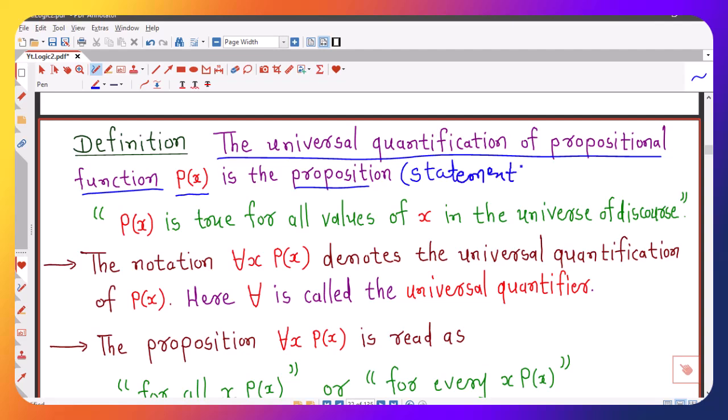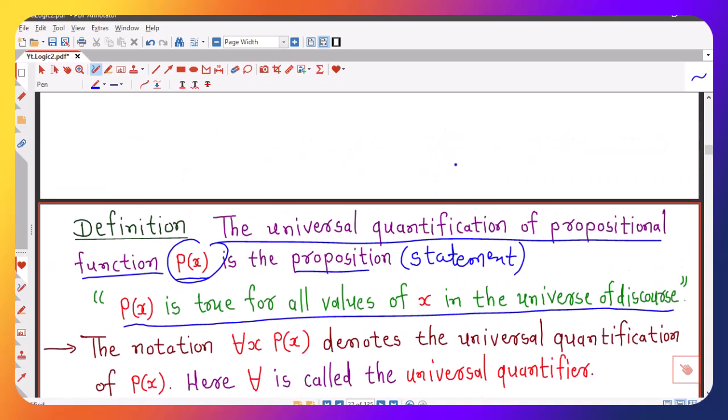We know that a proposition or statement is a declarative sentence that is either true or false. So the universal quantification of statement function P(x) is the statement "P(x) is true for all values of x in the universe of discourse."